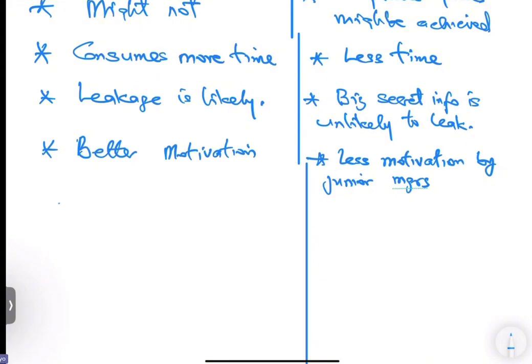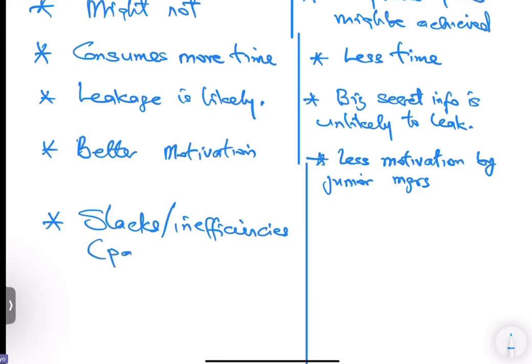And lastly, is the fact that the junior managers will always want to shine. They want to deliver. They want to achieve. They want to show that they've delivered and done what they needed to do. They might not set a challenging target for themselves. So what would they do? They might build in slacks or what you call inefficiencies, or you call it budget padding.